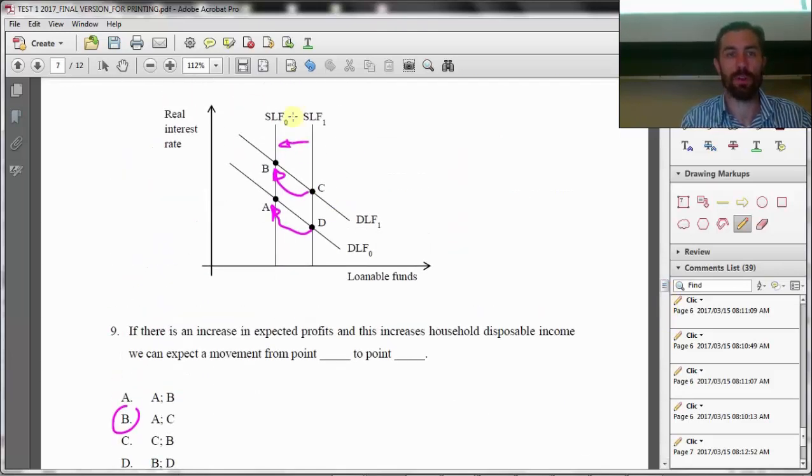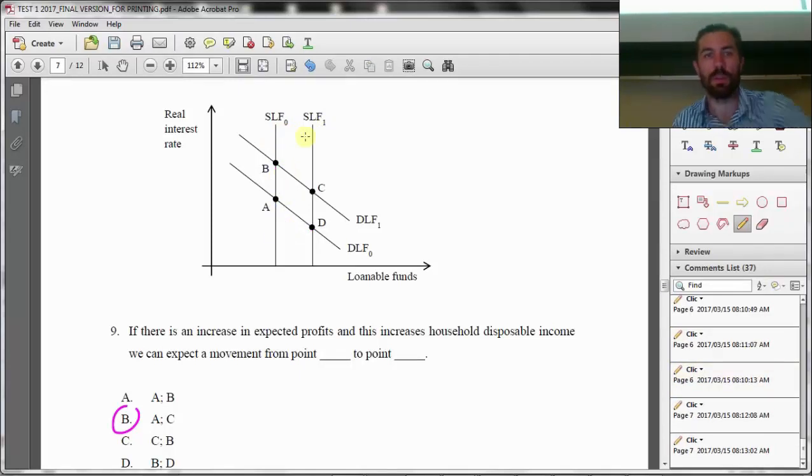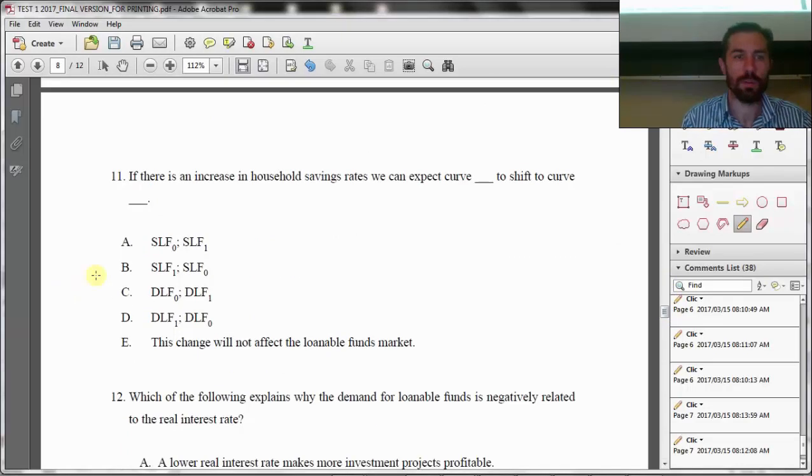Okay, if you've got an increase, supply of loanable funds 0 to supply of loanable funds 1, A. So not the other way around, it doesn't shift demand, and it does have an effect, so E is not correct.